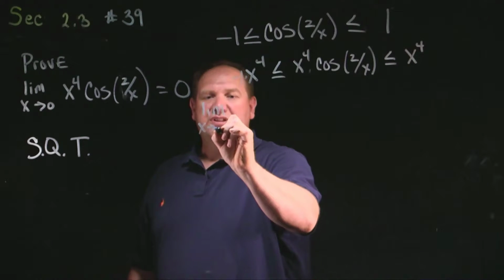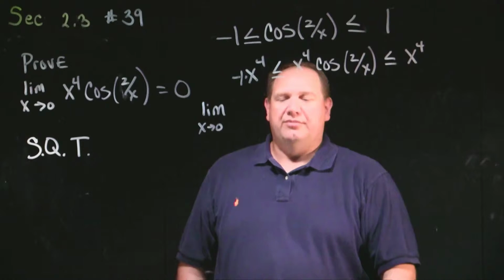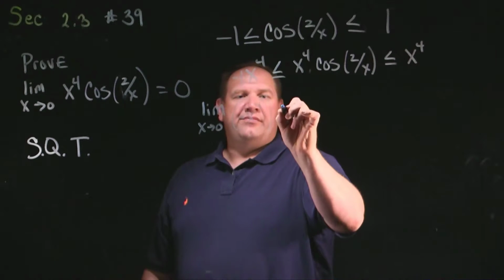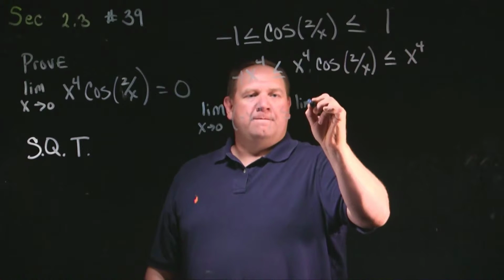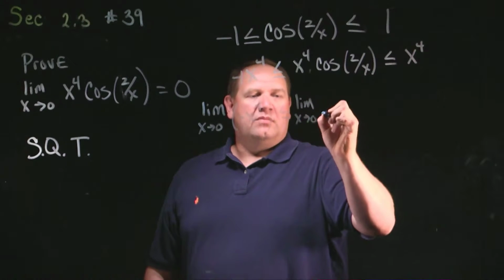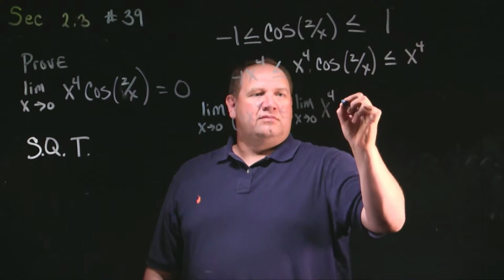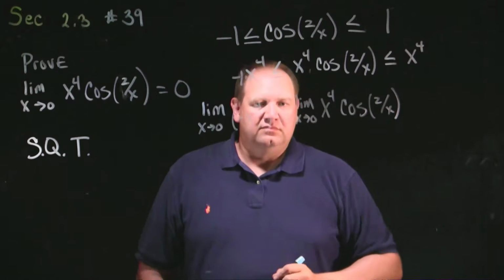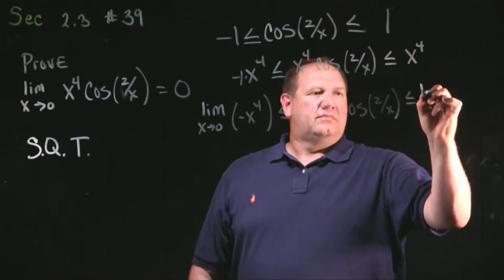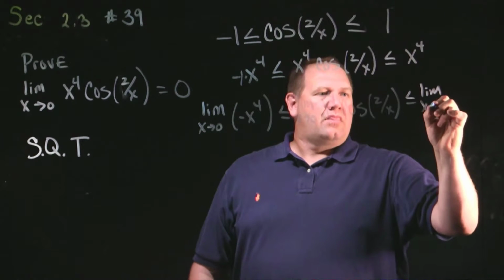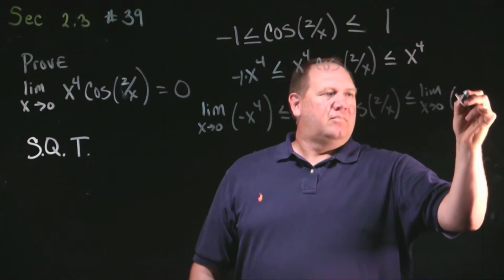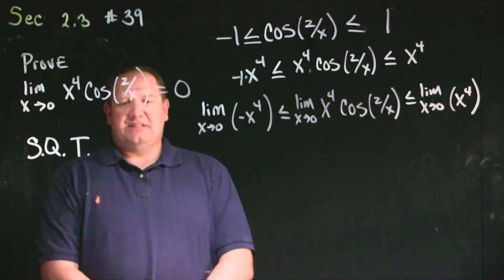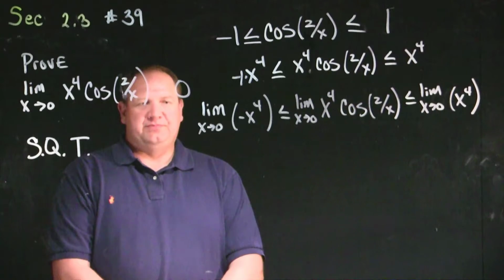Okay, so now that I've done that, what I'm going to do then is apply the limit as x approaches 0 of each term. So I've applied the limit as x approaches 0 to each term.